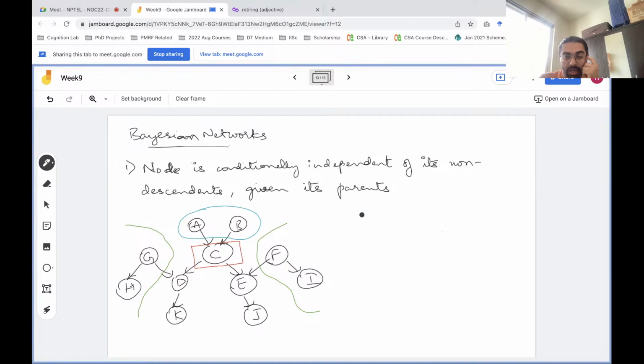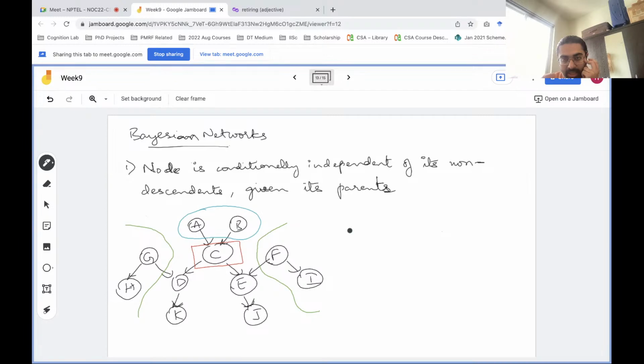So the first is saying that a node is conditionally independent of its non-descendants given its parents. So this node, for example C, is conditionally independent of its non-descendants. D, E are its descendants, its children, and any child of a child is called a descendant.